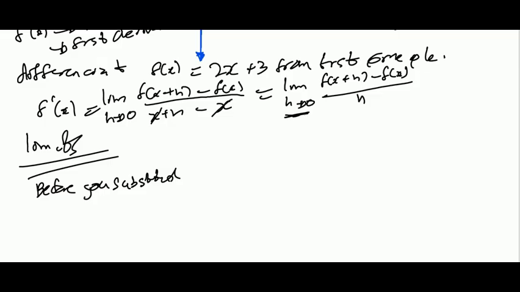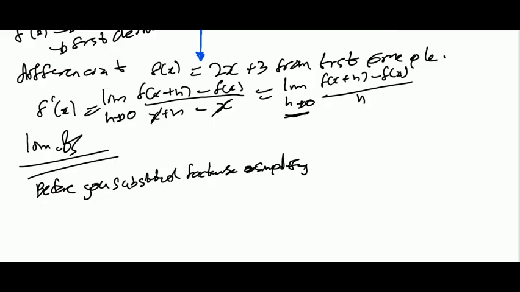So in limits, the law says before you substitute, what you must do? Factorize or simplify first. So you must simplify and factorize where possible, before you can substitute. You only substitute when you can't simplify your equation further, or when you can't factorize, or there's nothing that cancels.